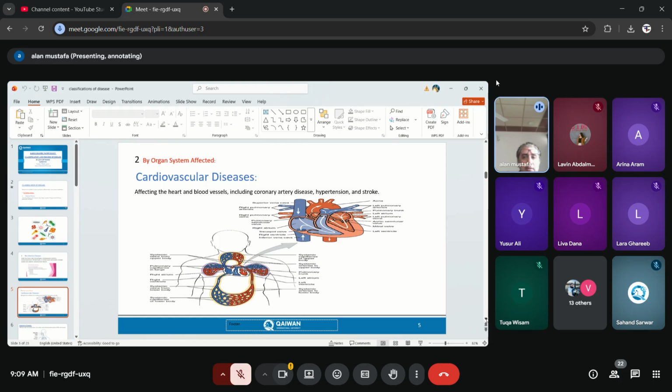One of the commonest congenital diseases in newborn babies is in the heart. There are problems with the valves. There are problems with the walls. A lot of problems with the major blood vessels. They are all congenital. So this is the cardiovascular system.